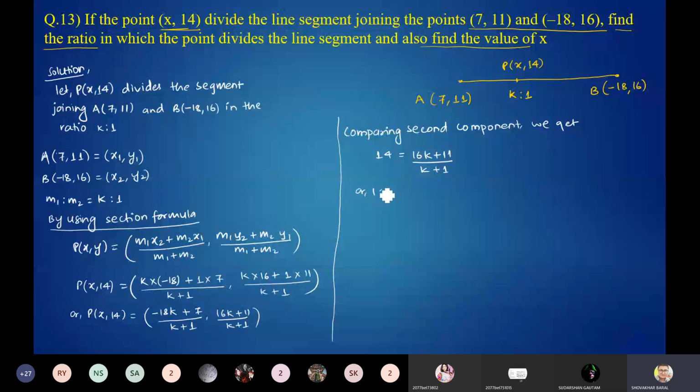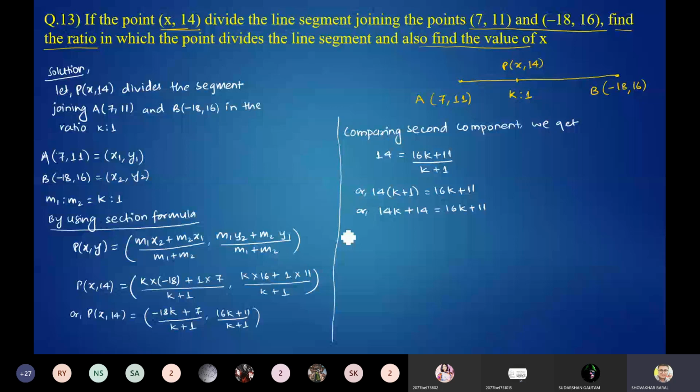Let's multiply: 14 times (k + 1) equals 16k + 11. Simplify it further: 14k + 14 equals 16k + 11.